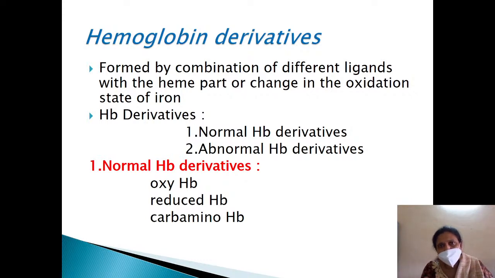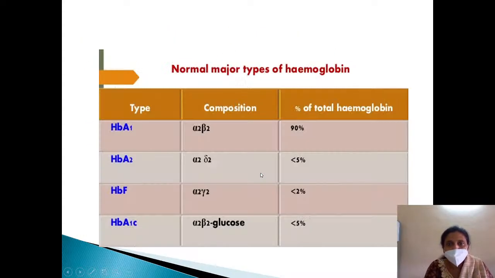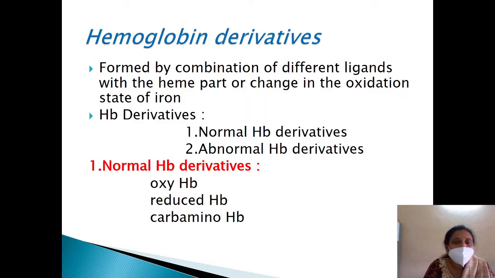It means addition of extra groups to the heme part, or by changing the oxidative state of the iron. Now these hemoglobin derivatives are of two types: normal hemoglobin derivatives and abnormal hemoglobin derivatives.